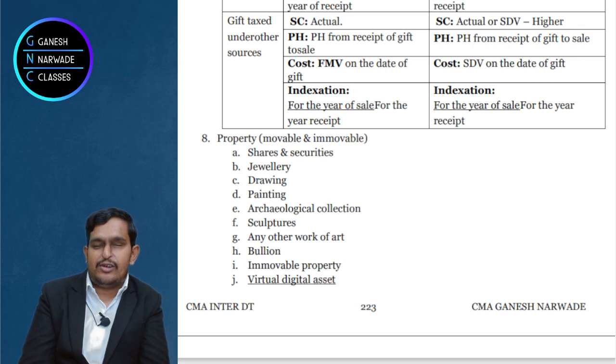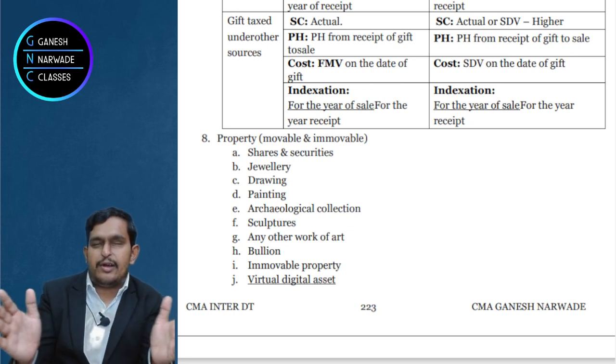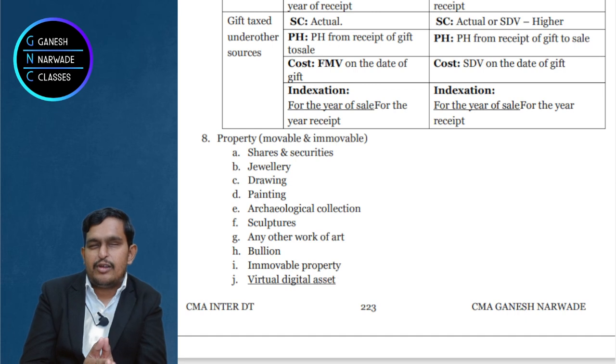Okay, very good. Now I'll ask you a question. What should be the period of holding? If you are taxed under other sources, from the day you got the asset as gift till sale you will check the period of holding. But if you are not taxed under other sources and you did not pay any consideration, then even the previous owner's period will be counted.